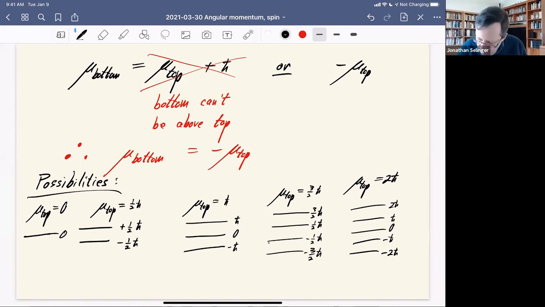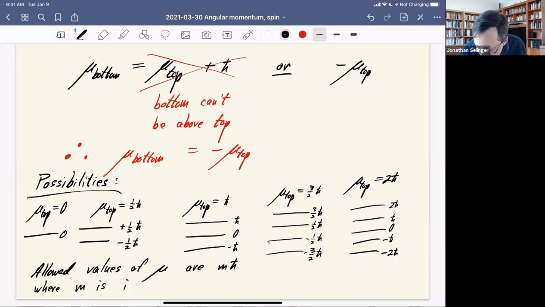We can describe this, right? And the way that people describe this is, the factor of h bar everywhere is a little bit annoying. So let's just say the allowed values of mu are m h bar, where m is an integer or a half integer.